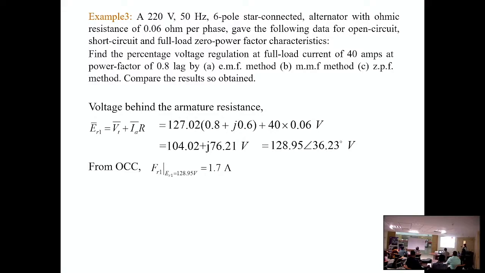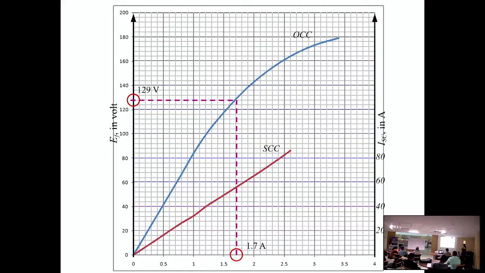Now we need the next one, FA plus FL. How to do that? You can calculate this from the armature current value. The armature current rated value is 60 ampere. From there you draw one horizontal line that will intersect the SCC at this point.